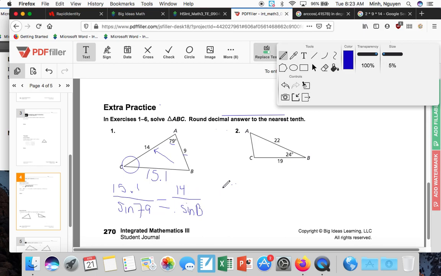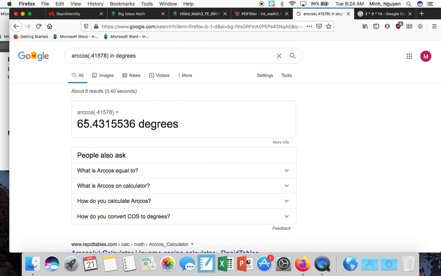If I cross multiply right here, it's 15.1 times sine B equals 14 times sine 79. So I'm going to multiply these together, divide by 15.1, and then use arc sine. The expected value is 65.4.